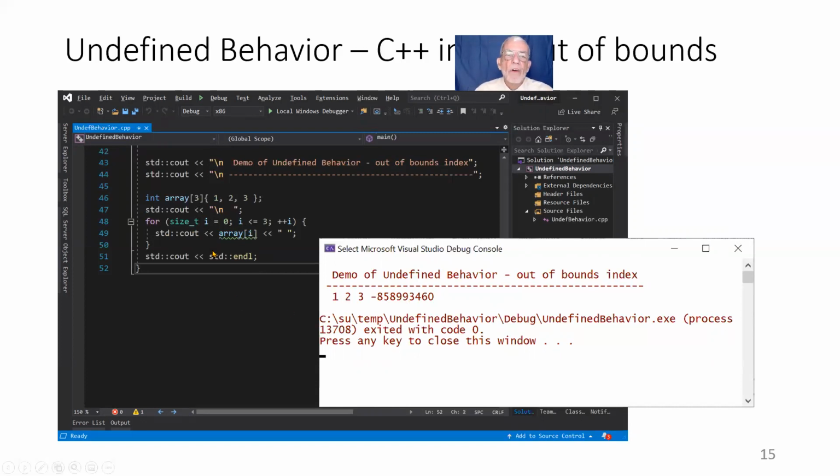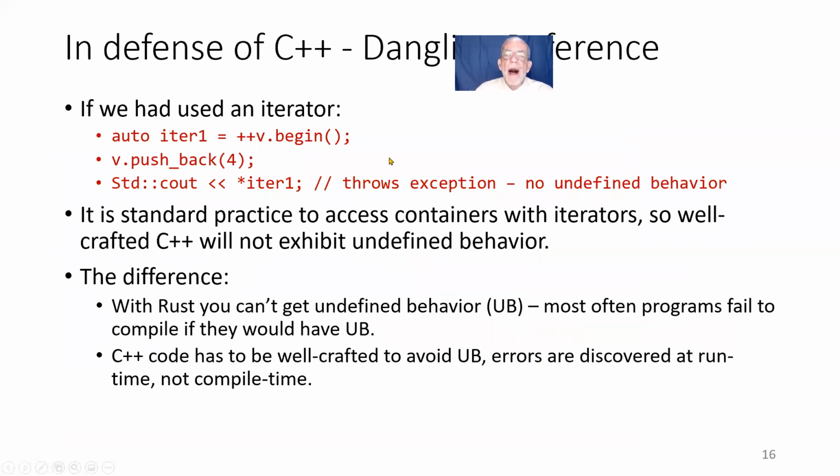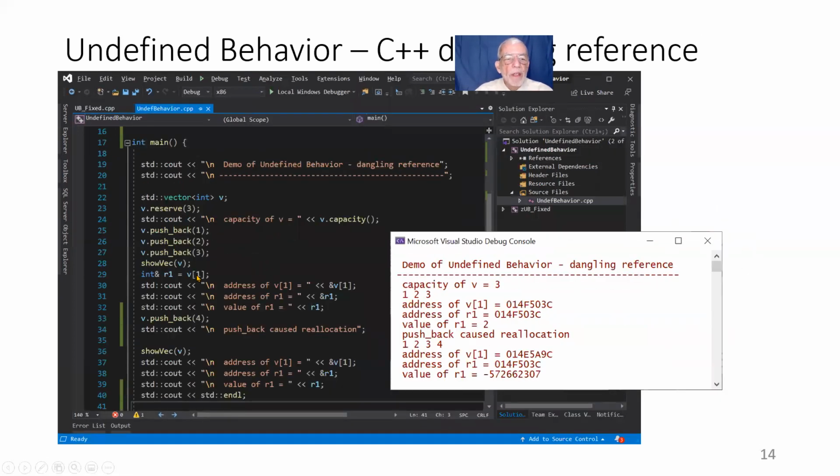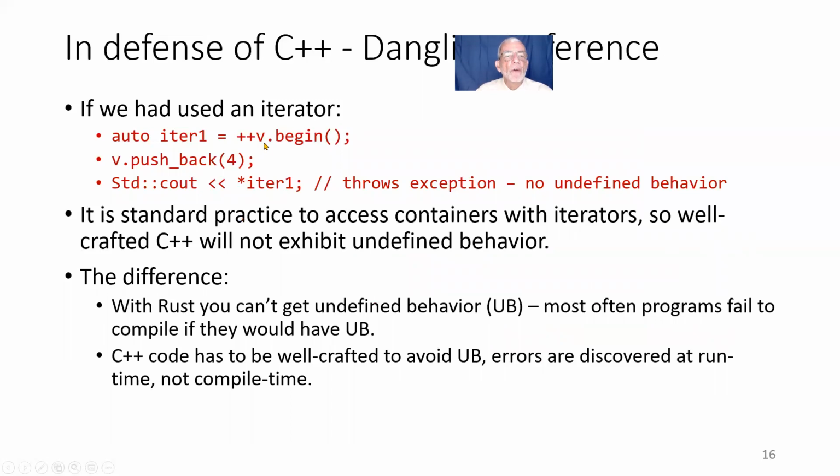Now, in all fairness, C++ has conventions that avoid all that. If I had used an iterator in that first part, back up here, rather than a C++ reference, when I push back 4, this is an invalid iterator, and as soon as I try to dereference that to get that value, it throws an exception, so I don't get undefined behavior.